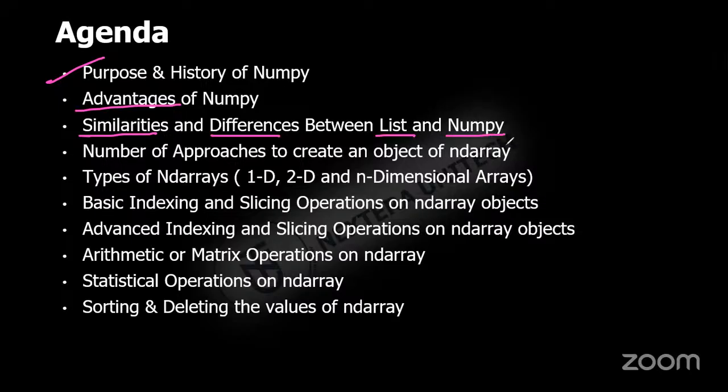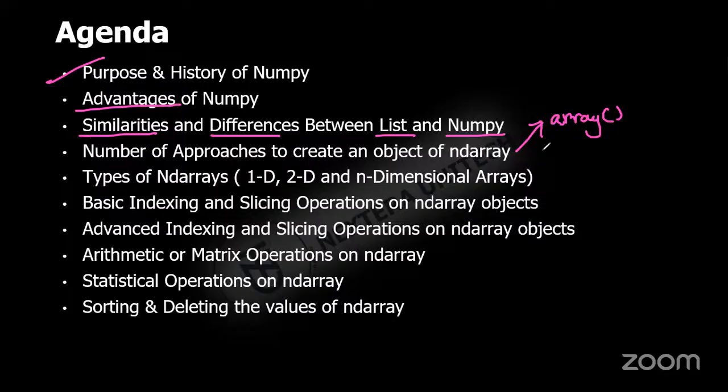Next to that, we understood the different approaches for creating ND array objects. Like the array function, which helps us to convert any traditional Python object to an ND array object.